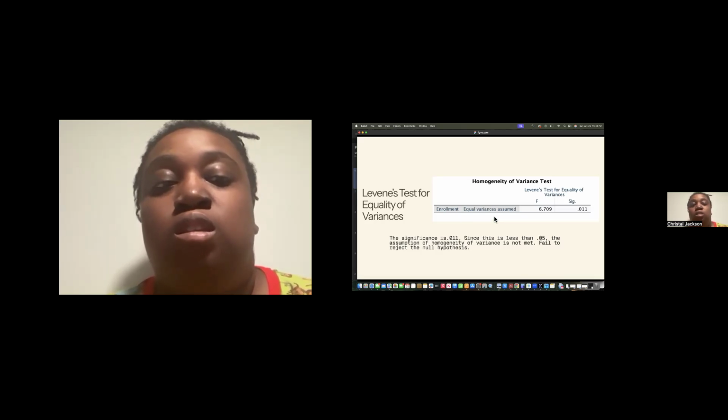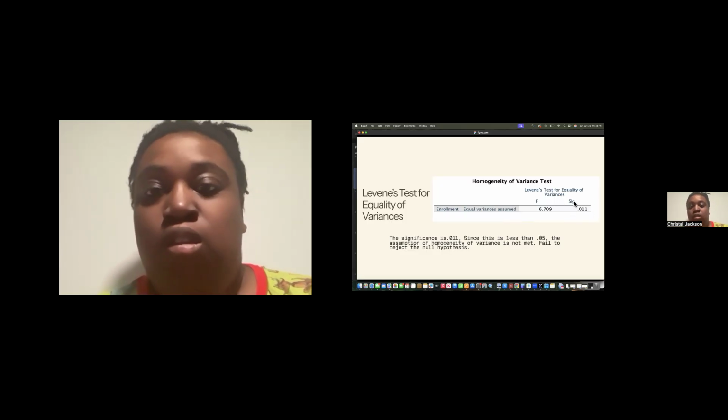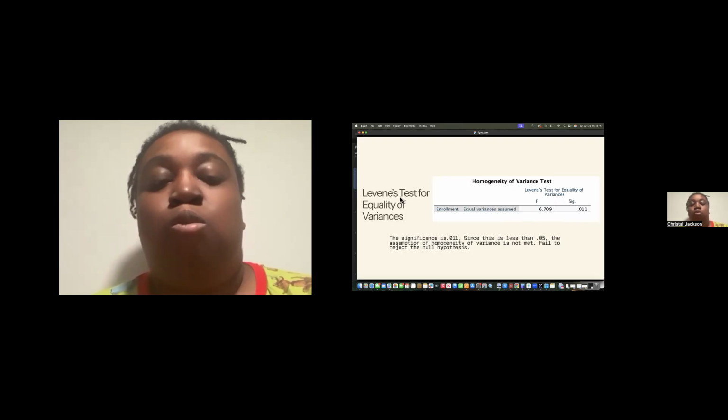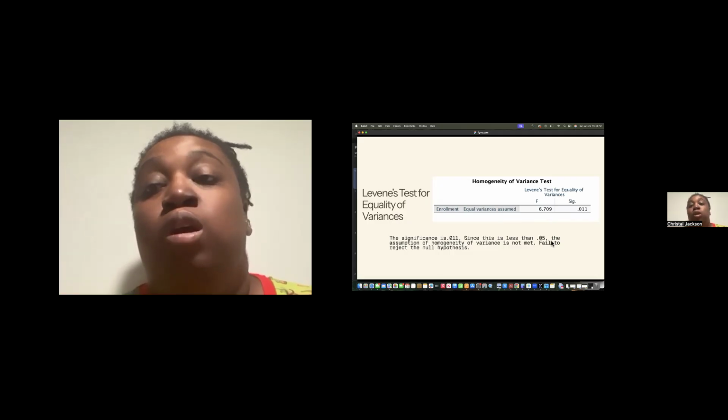From this output, we can see that the significance for Levene's test for equality of variances is 0.011. Since this is less than 0.05, the assumption of homogeneity of variance is not met.